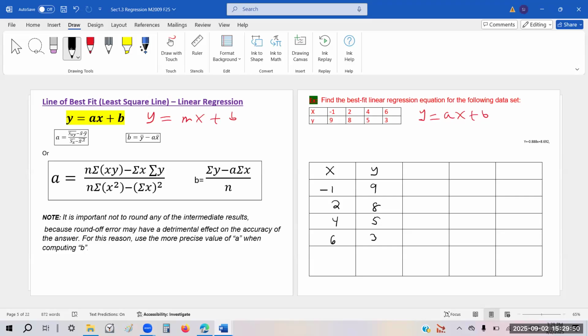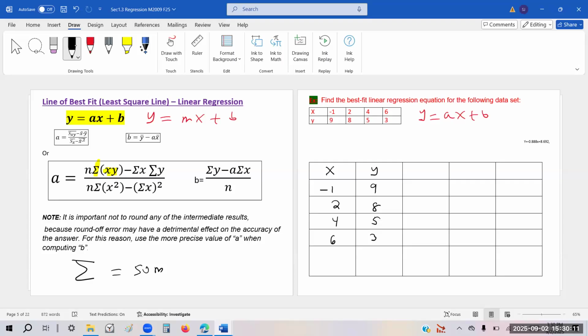Now let's observe our formula. It says multiply XY, get the total. That symbol is called sum, meaning total. So we need to know the total of the product XY.